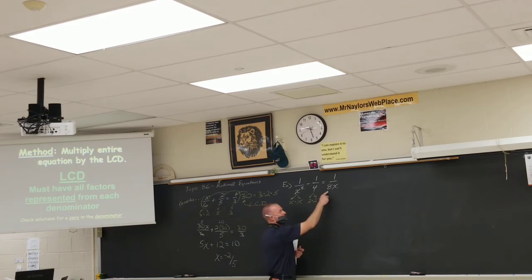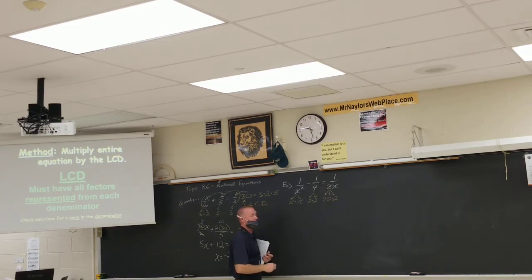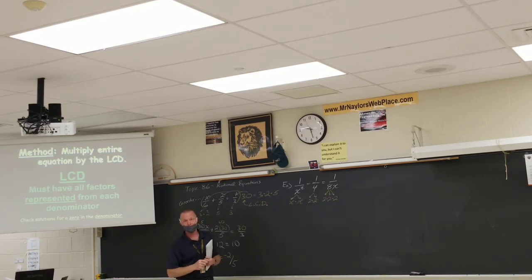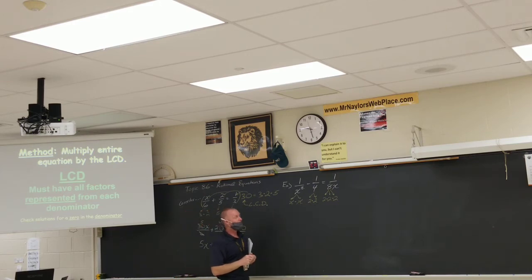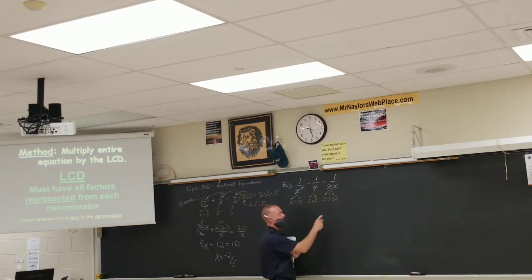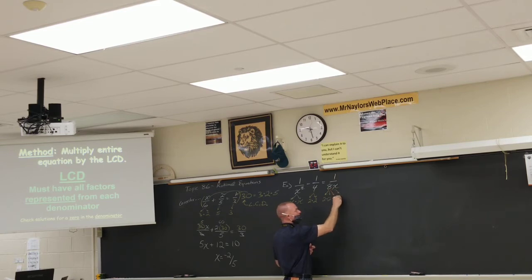It's the same thing with the number 8. Yes, the number 8 is 4 times 2, but the number 4 is 2 times 2. So sooner than later, we have to think of the number 8 as 2, 2, 2. I'm not going to give you giant numbers, but you get the idea that you have to think of all those numbers. Now, the letter x also counts as a factor.